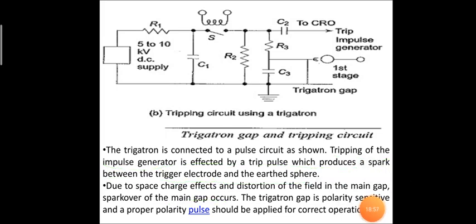So we have to take care that the trigatron gap is properly designed, because the whole operation of this trigatron gap and the tripping circuit decides the operation of impulse generators.